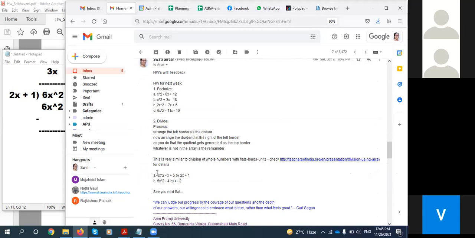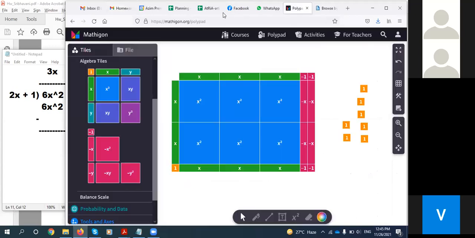So I gave you just two problems for division. If you want, I can give you more, or you can do just two. And if you want, I can give you a few more on factorize also. Over to you guys.